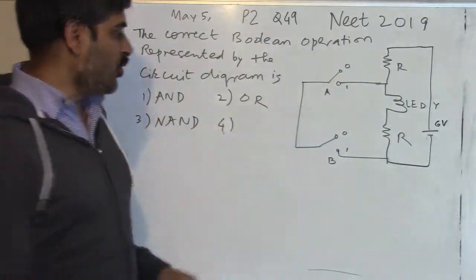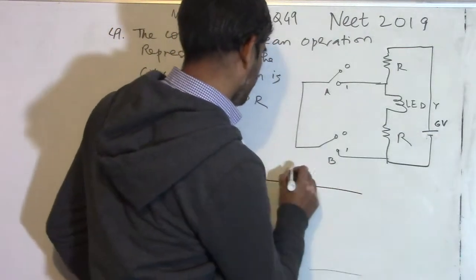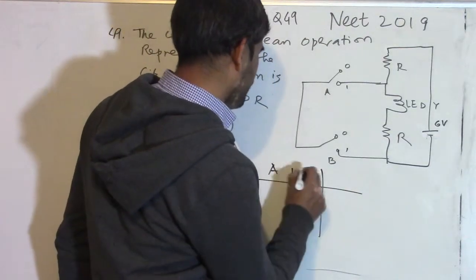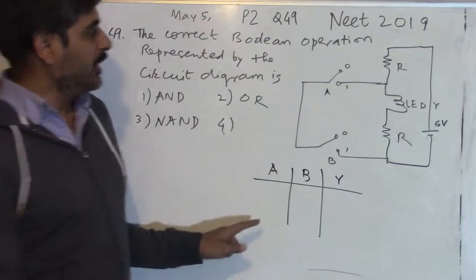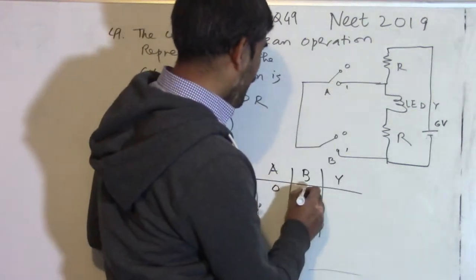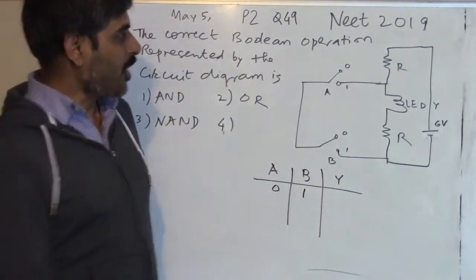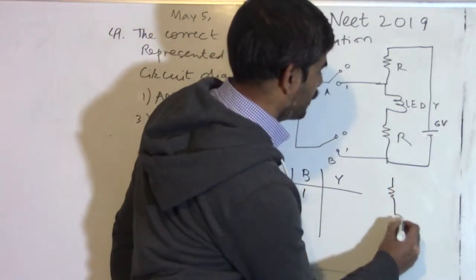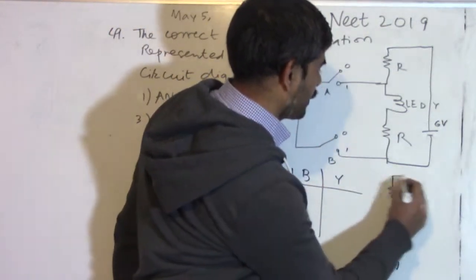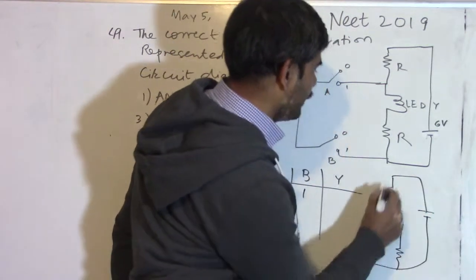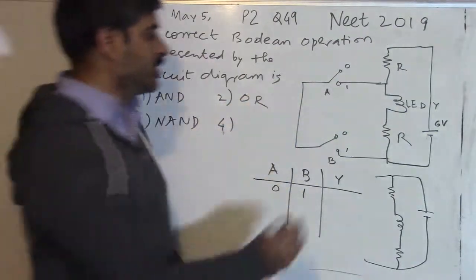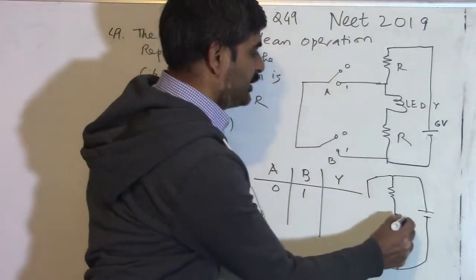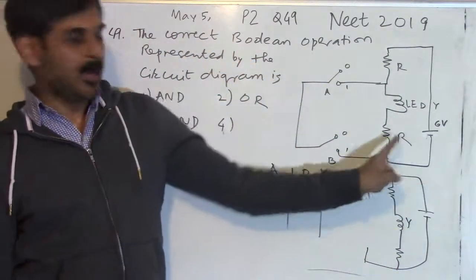So I will draw a truth table in which we have written A here, B here and Y here. If A is open, let us say 0, and B let us say 1, then how does the circuit look like? The circuit looks like this. Because this is open, there is no current flowing through this, so this is an open circuit, and in that case our bulb is going to glow.